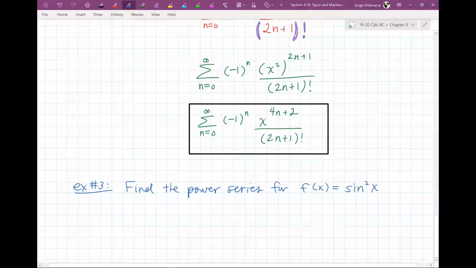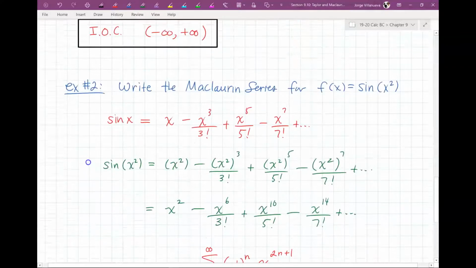Now at first this looks like it's going to be super easy because you're like, oh well, I know sine of x, so sine of x squared is just sine of x times sine of x, right? Well, since the power series are infinite, will you ever be able to finish multiplying? Look at this.